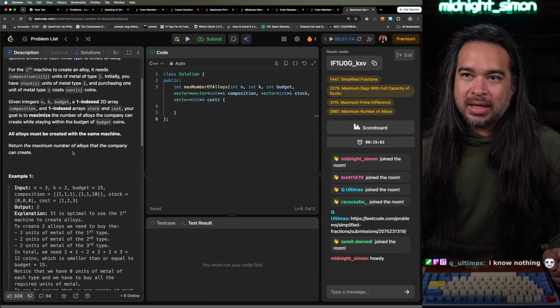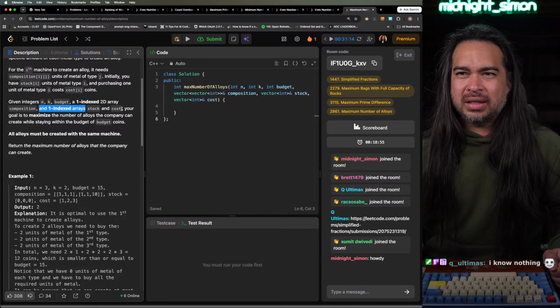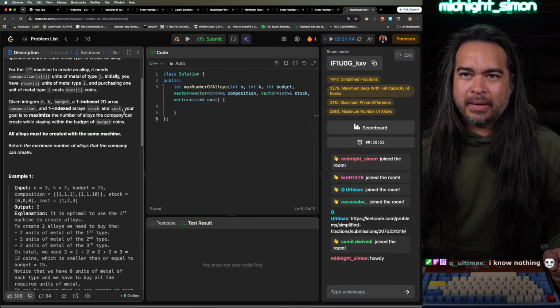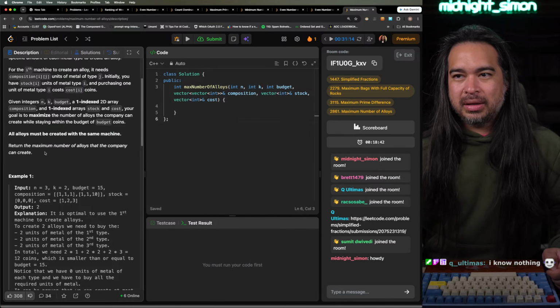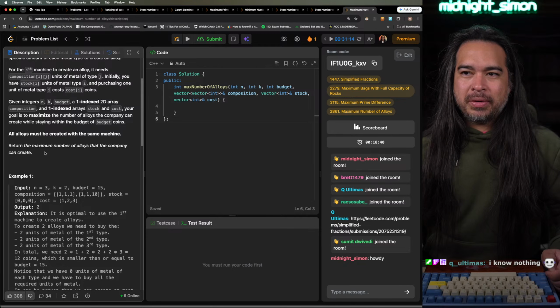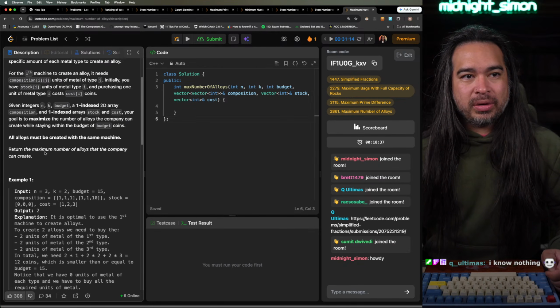Given integers n, k, budget, and a 1-indexed 2D array composition and 1-indexed arrays stock and cost, your goal is to maximize the number of alloys the company can create while staying within the budget of budget coins. All alloys must be created within the same machine. Return the maximum number of alloys that the company can create.